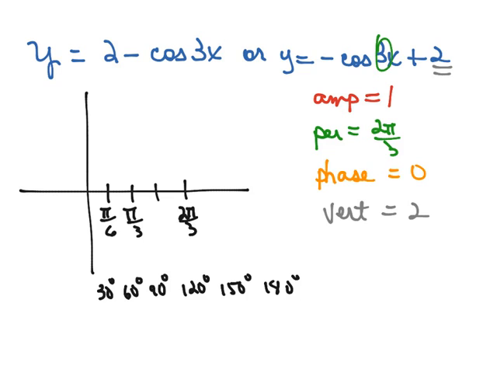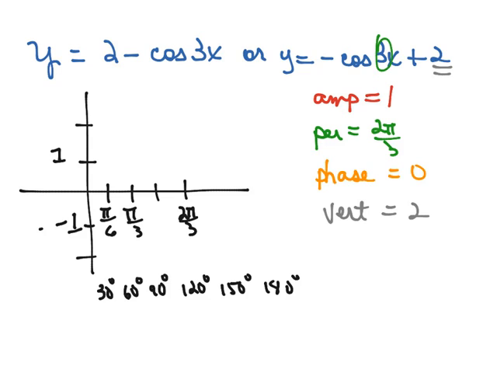So our cosine graph has an amplitude of 1. It's going to be upside down, and then it's going to be shifted up 2. So I'm going to do this one in pieces to kind of help keep it all straight.